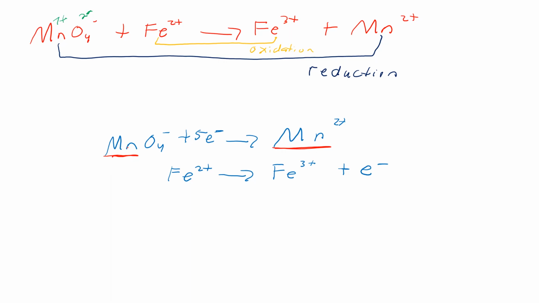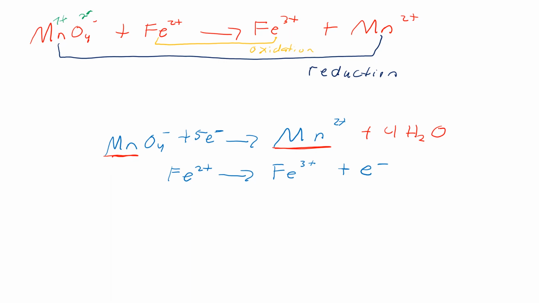We balance oxygen using H2O. On the reactant side, we have 4 oxygens, and we have none on the product side. Water only has 1 oxygen in it, so we have to add 4 waters to the product side here.